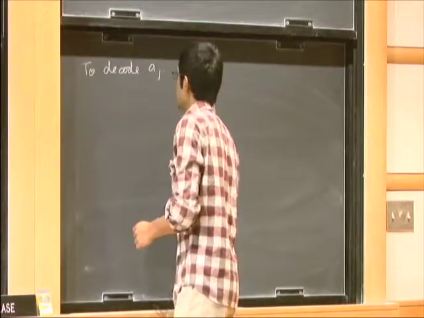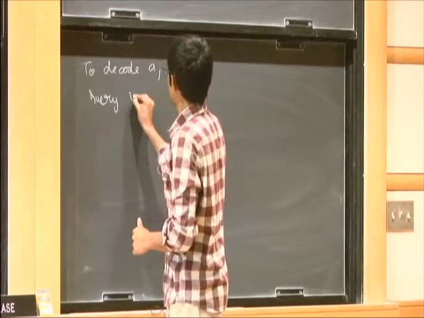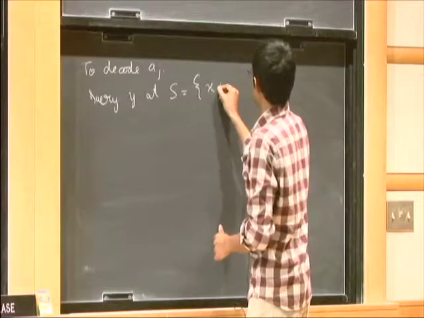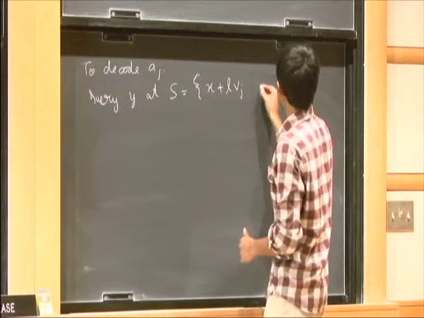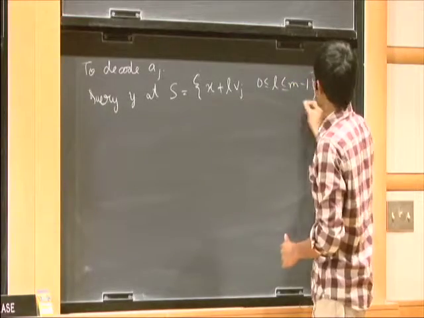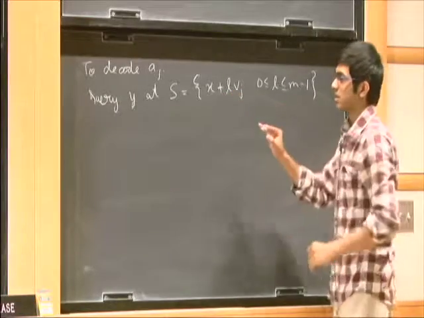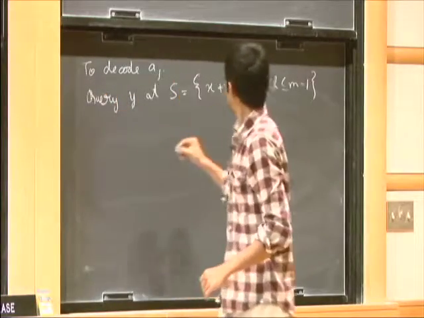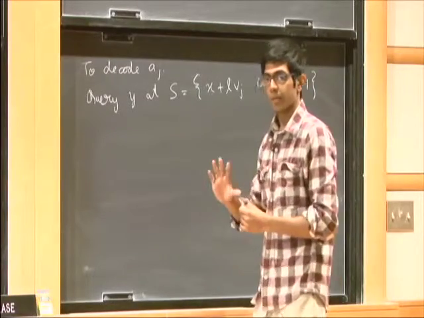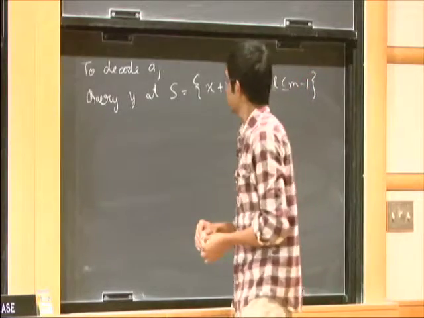So to decode a_j, we'll query y at the following coordinates: x plus l v_j, for l from 0 to m minus 1. So we'll query it at this multiset. This is true for any x, but we'll choose x random.